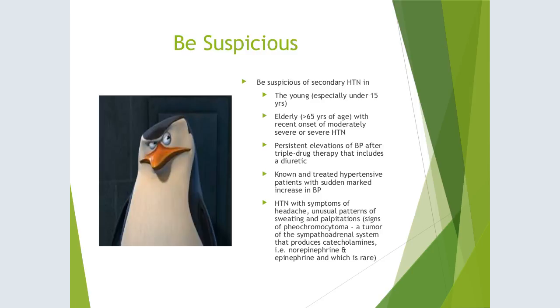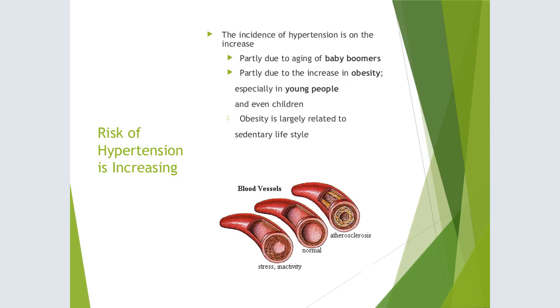Also suspect it in patients with persistent elevations of blood pressure after triple drug therapy that includes a diuretic, and in known and treated hypertensive patients with a sudden marked increase in BP. There's got to be something going on that's caused a sudden change in her blood pressure. Hypertension with symptoms of headache, unusual patterns of sweating, and palpitations makes you think of the pheochromocytoma. So you want to be suspicious of those things, and think, why are we having this all of a sudden? What do we need to look at? What do we need to do next?